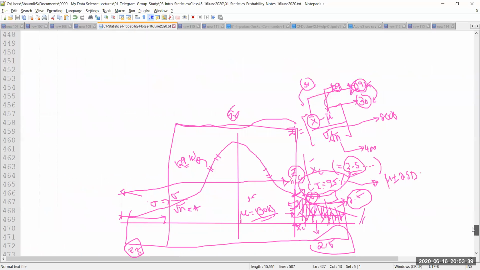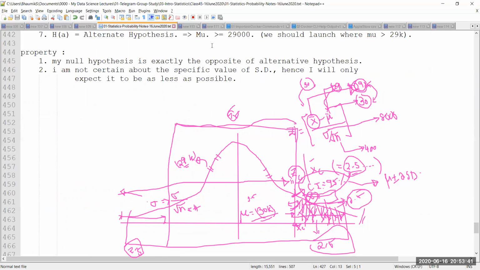I can reject the null hypothesis because my value of z falls on this critical line, which I've also denoted as x bar c, or zc, or which I have called the area beyond the confidence interval, the area beyond which or beneath which I can have type 1 kind of errors, is where my point falls. So it is inclusive of this line as well as beyond it. So if it falls anywhere in this area, I can clearly reject the null hypothesis.